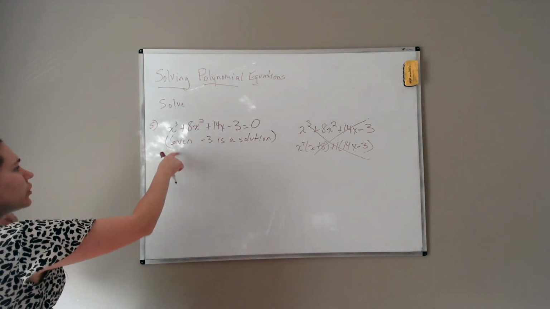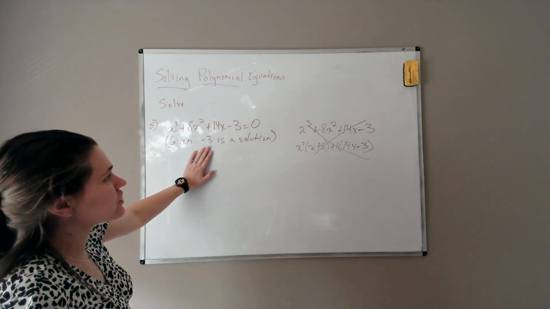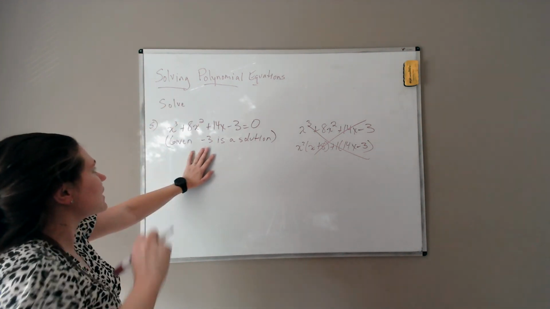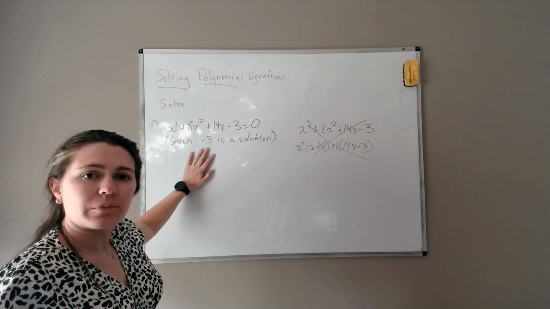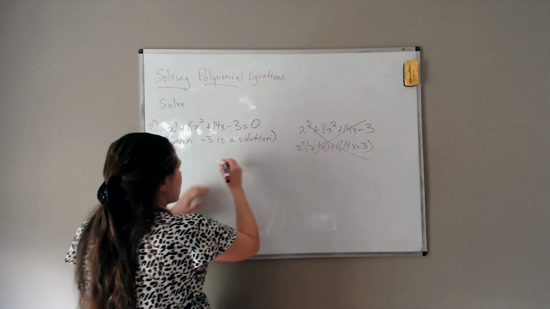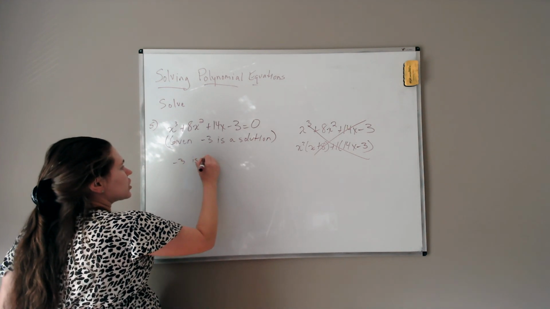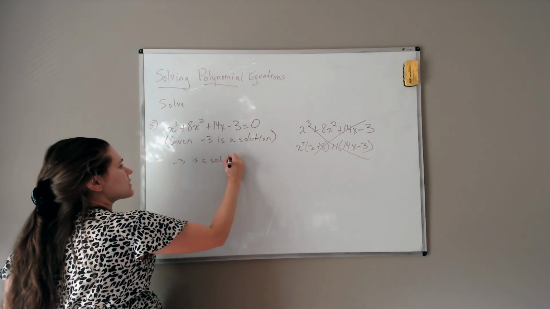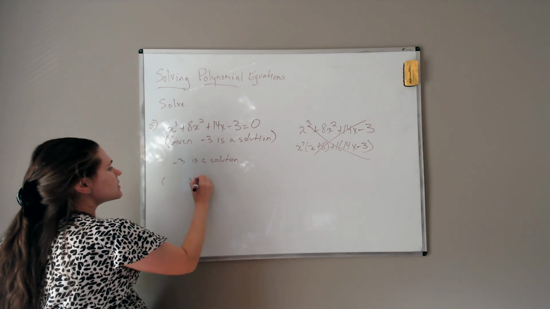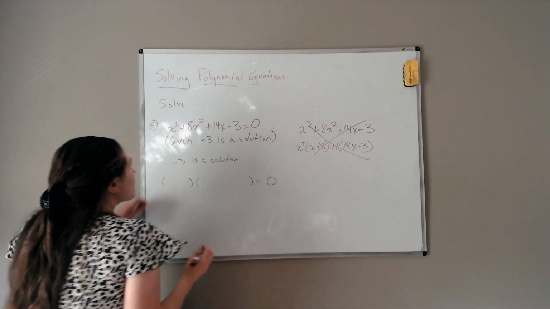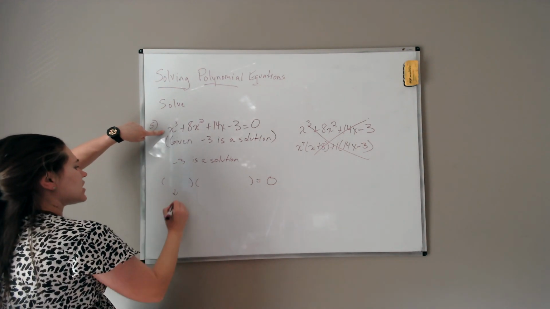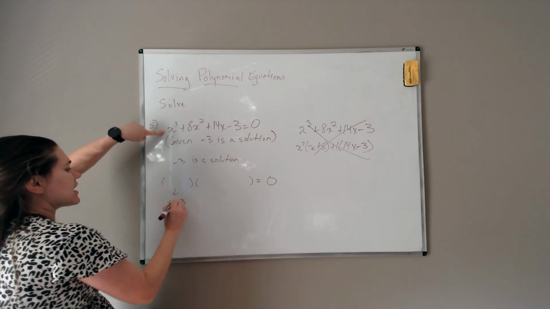But we're given a clue. We're told that one of the solutions is negative 3. That means if we plug in negative 3, we're going to output 0. So if negative 3 is a solution, one of the factors of this 3rd degree polynomial had to give us an answer of negative 3.